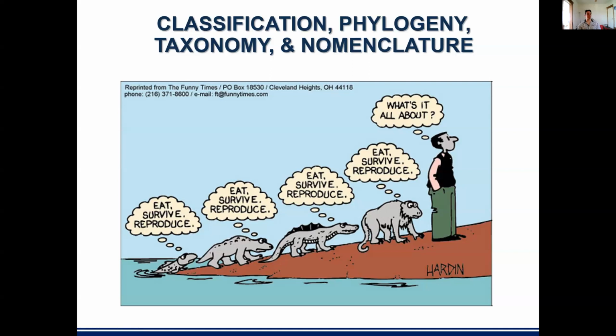Just before we get started, this little picture we have here says eat, survive, reproduce, eat, survive, reproduce, and then what is it all about? It's a pretty funny picture just to get us into today's lecture, but I would like to recommend, if you haven't done so already, that you read the book The Selfish Gene, written by Professor Richard Dawkins, a world-renowned evolutionary biologist.